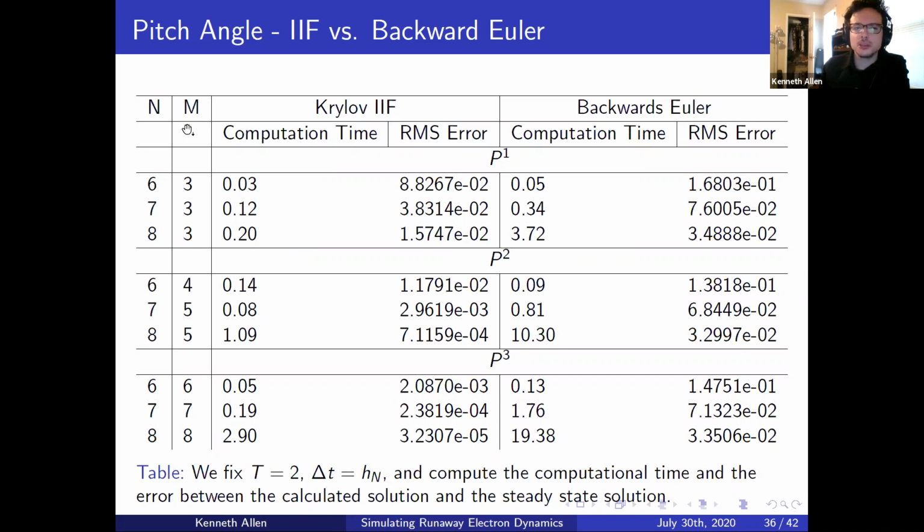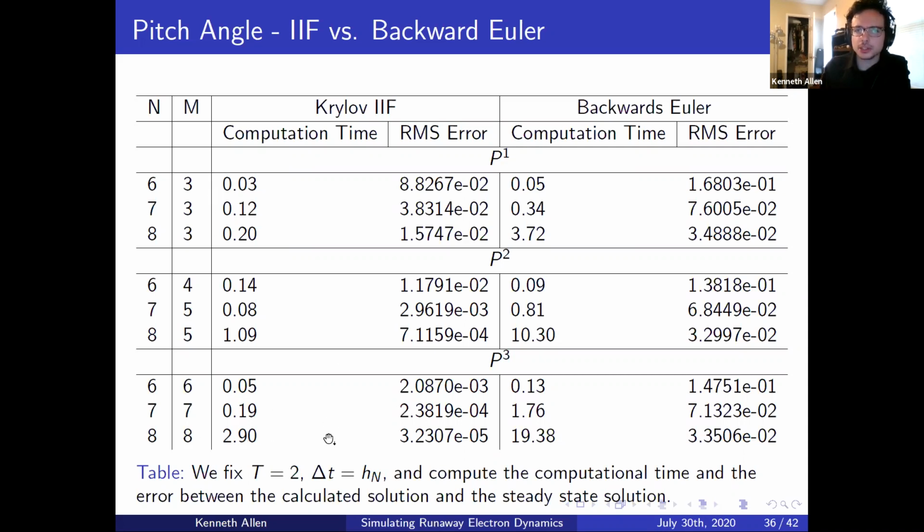So I did some numerical experiments to decide how we should choose our parameter m. We can see that we don't need to choose it very large. We can choose it between 3 and 8.